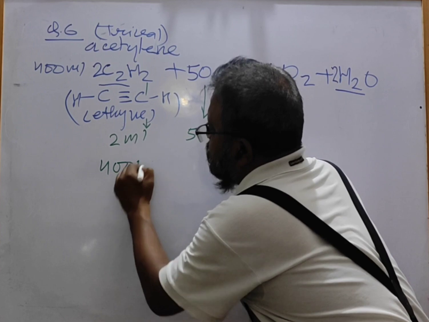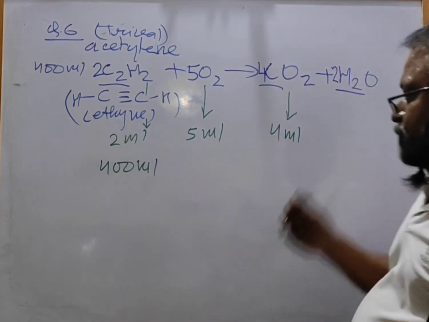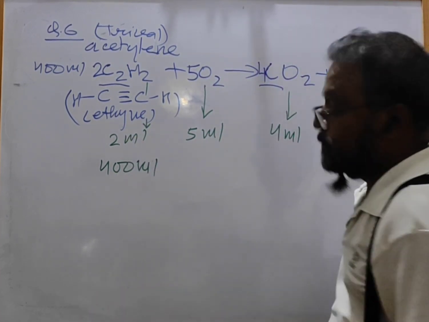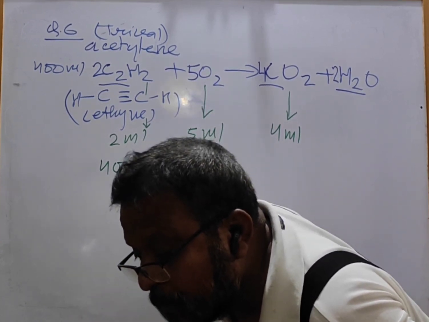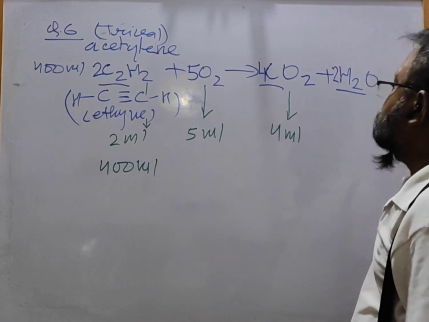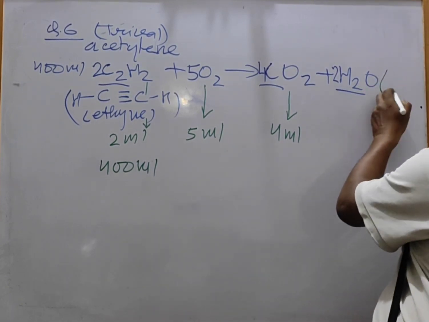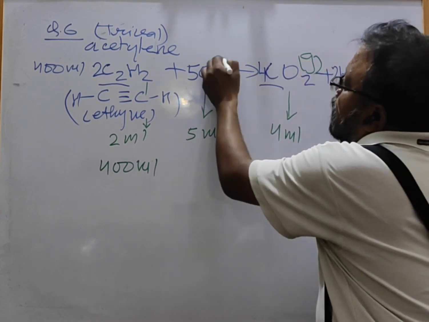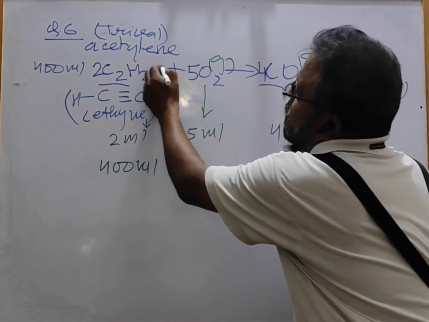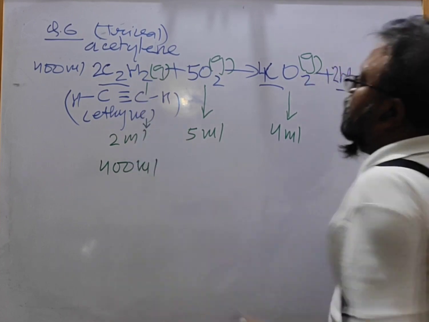Now you have 400 ml of acetylene. What is it asking for? Calculate the volume of carbon dioxide formed. The water is in liquid form, carbon dioxide is a gas, and acetylene is also a gas, right?